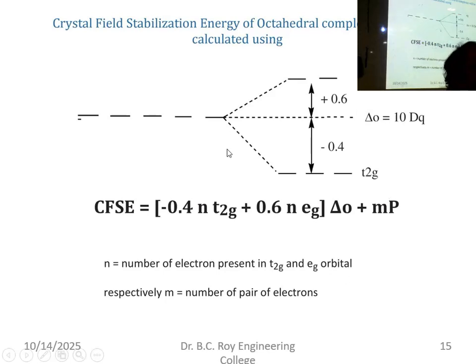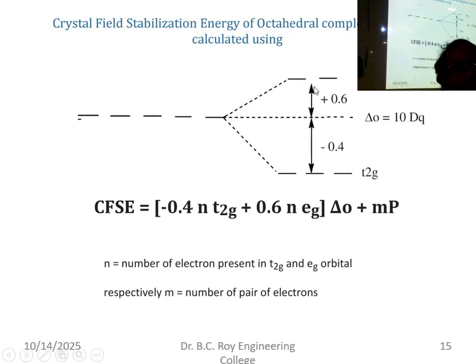Now, CFSE is calculated according to the number of electrons present. So it is minus 0.4 into n T2g, the number of electrons in the T2g level, plus 0.6 into n Eg, the number of electrons in the Eg level. Suppose you have 4 electrons in total.